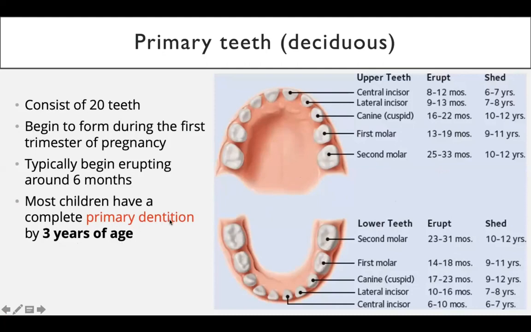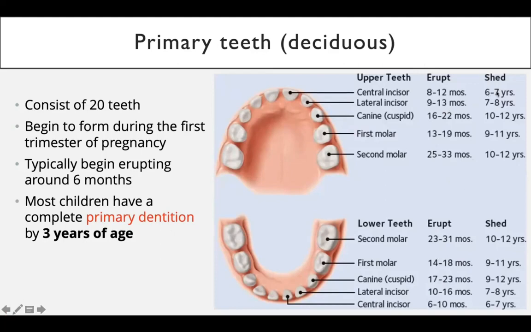Dentition is nothing but a set of teeth. So you can say primary teeth or primary dentition, deciduous teeth or deciduous dentition, permanent teeth or permanent dentition. Dentition is a more professional word for the set of teeth. That's how we remember. From 6 months, central incisors come, and at the age of 3 years, the whole set of deciduous teeth has erupted.